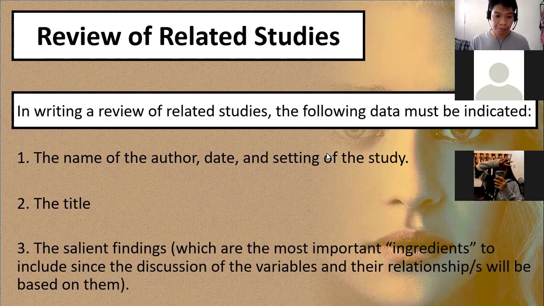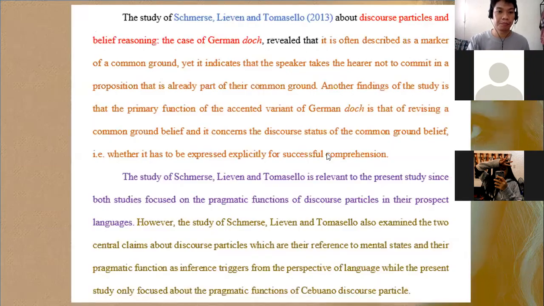Because that's where you need to point out their relatedness and their differences, what the differences and similarities are. Okay, here is an example. This is an example of how to write a related study.